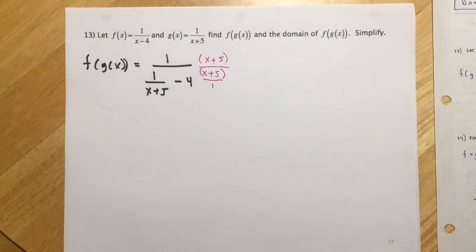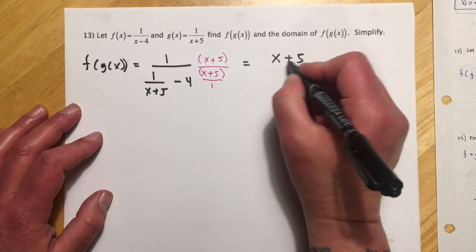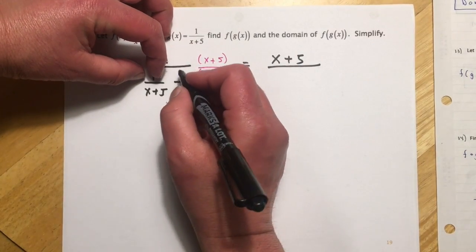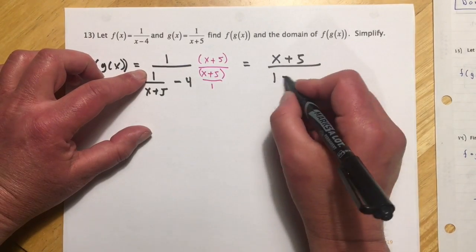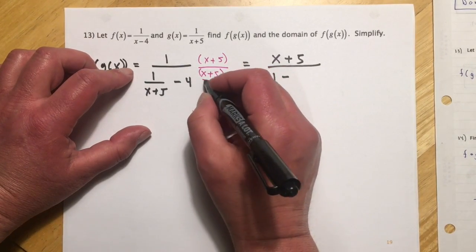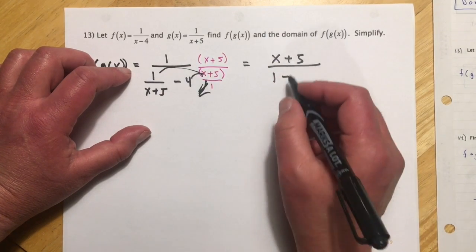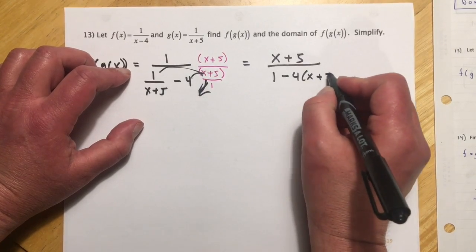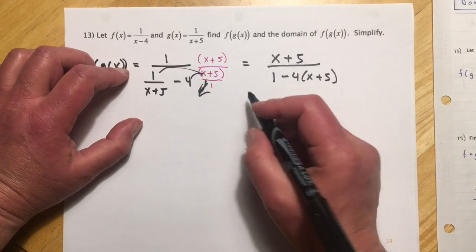So the numerator is going to go just 1 times x plus 5, so that's x plus 5. And then here it's going to be x plus 5 over x plus 5, so that's just canceling, leaving me that 1. And then minus 4, this also multiplies that. So it's like this is kind of distributing. And so it's minus 4 times x plus 5. And then careful to not cancel there because we have to combine first.